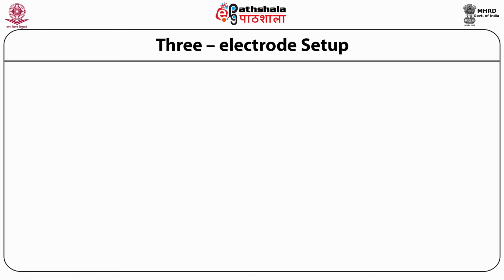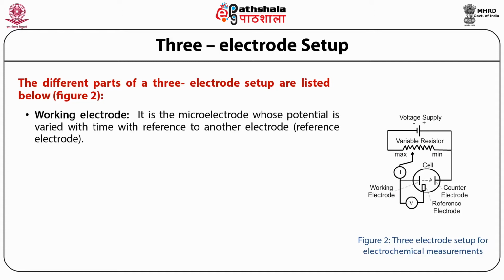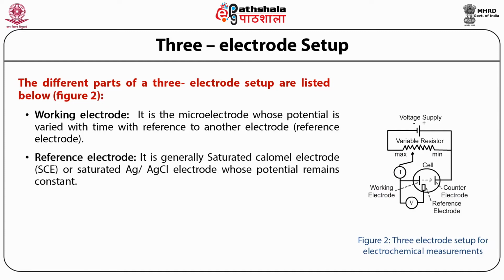The different parts of a 3-electrode setup are listed below, or you can see in the given figure 2. The first part is the working electrode. Working electrode is the microelectrode whose potential is varied with time with reference to another electrode, the reference electrode. The second part is the reference electrode.